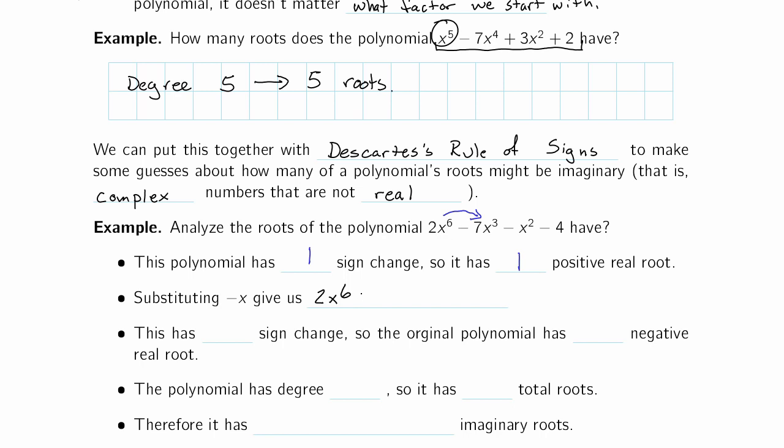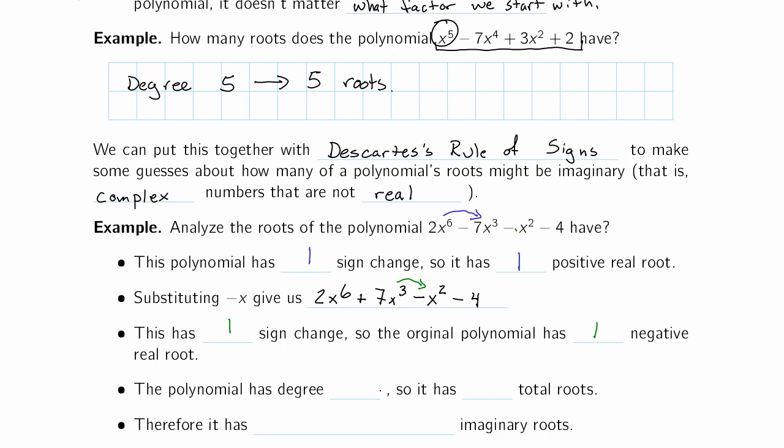Negative 7x to the 3rd becomes positive 7x to the 3rd. Negative x squared sits there, and then negative 4 sits there. This has 1 sign change, which means that the original polynomial has 1 negative real root.